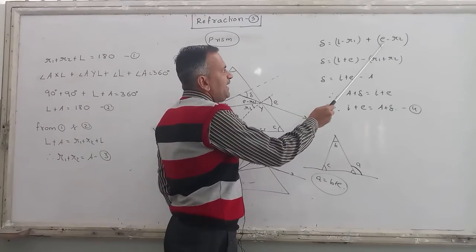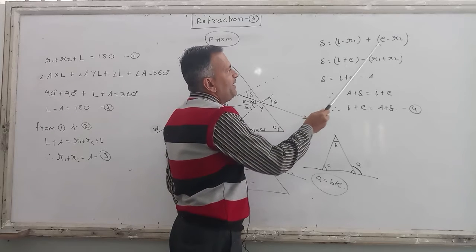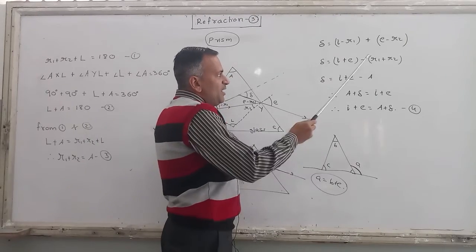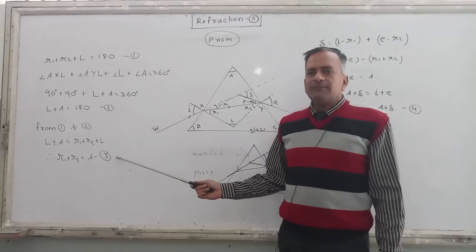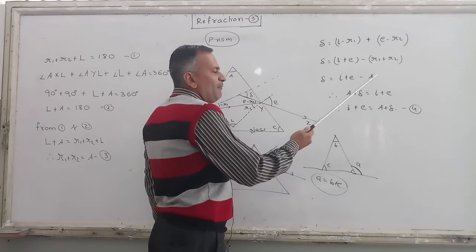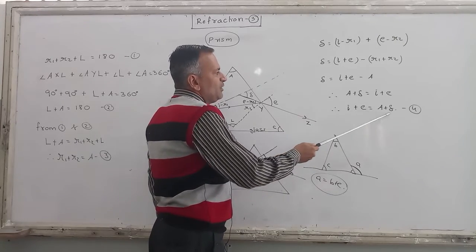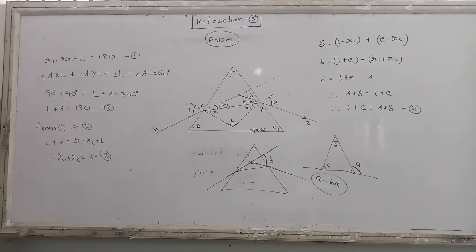I, E एक साथ minus R1 minus R2, minus common R1 plus R2. Okay. Now what is R1 plus R2? A. So here I can add minus A. अब कुछ नहीं, A को इधर ट्रांसपोज कर दो, I plus E is equal to A plus delta. The relation is linear. Very simple but very important derivation of prism.